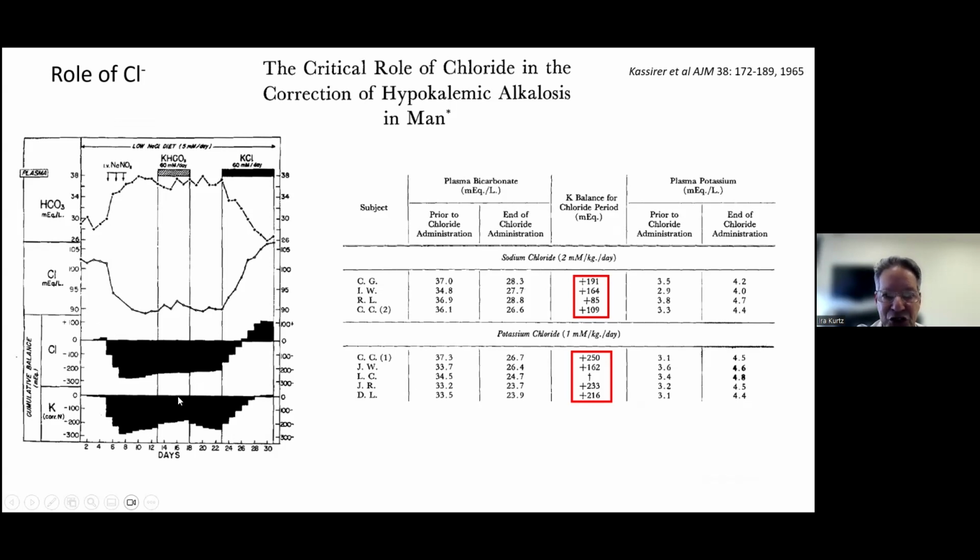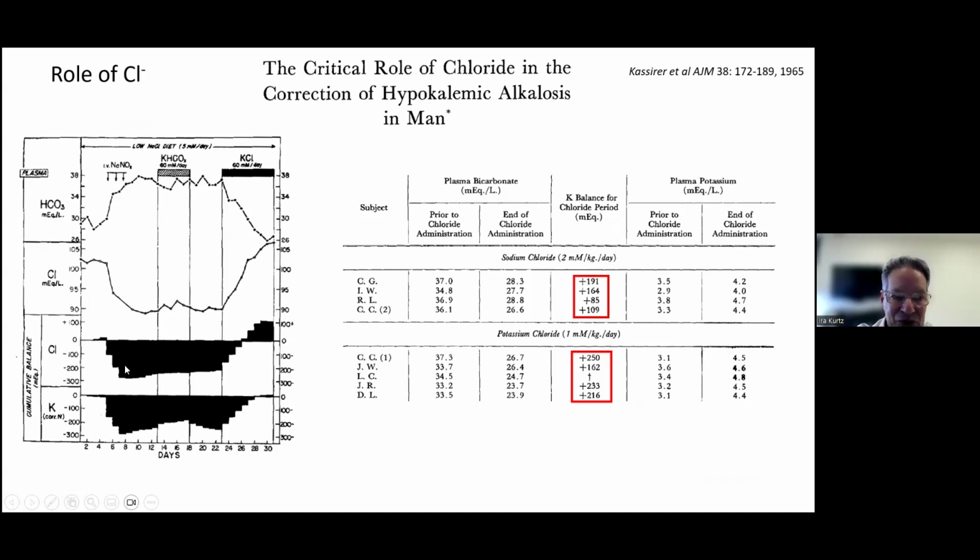Not shown here, the same thing occurred when they gave sodium chloride. The K balance was corrected when they gave K, but it was also corrected when they gave sodium chloride. So, confusing. But it didn't seem to matter whether they gave K or sodium.